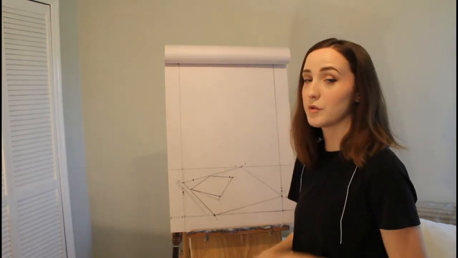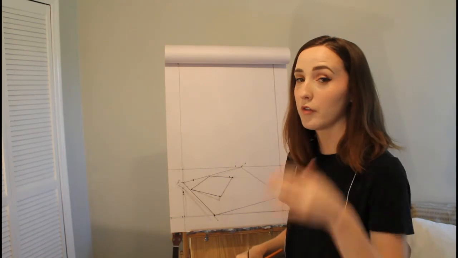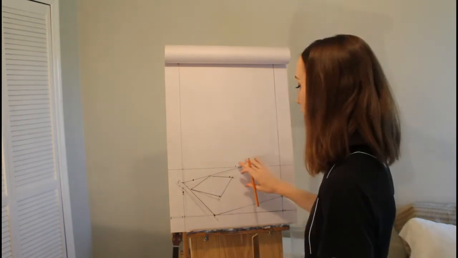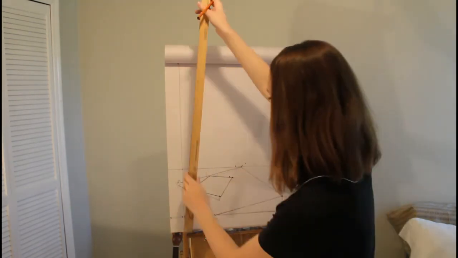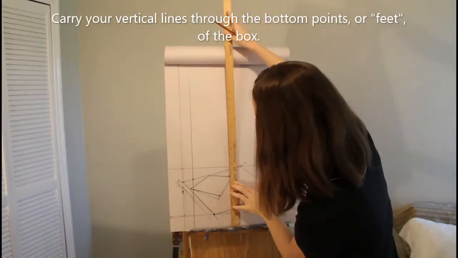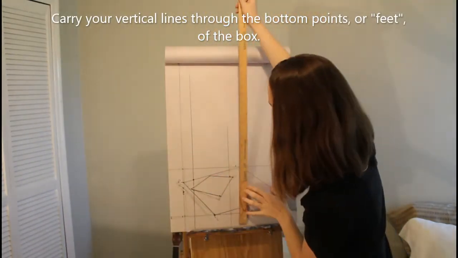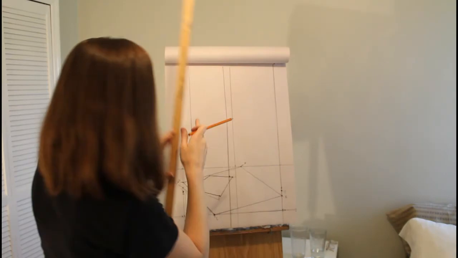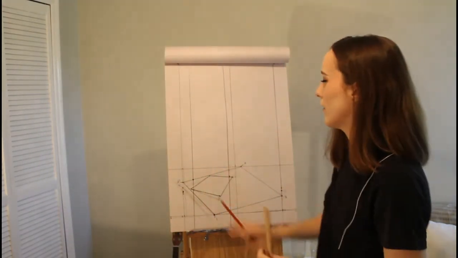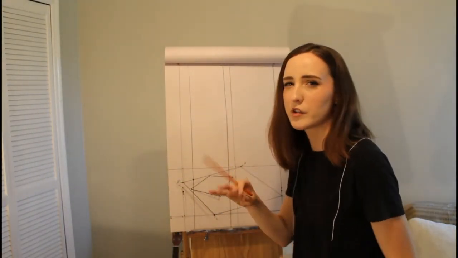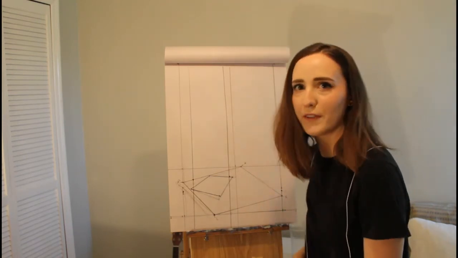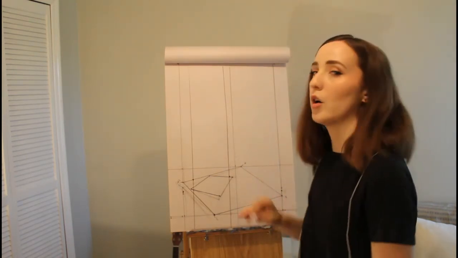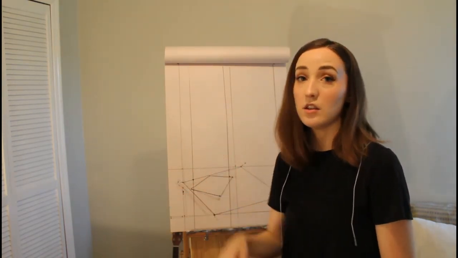The next thing I'm going to do is carry through a vertical line through all of these points. So now I have these 3 marionette strings kind of descending from the sky, and they are going to help me complete this cube.